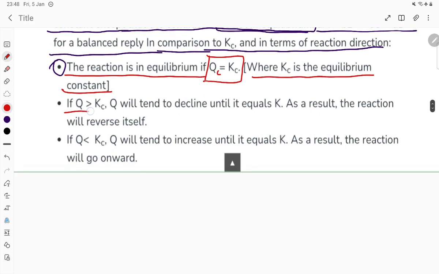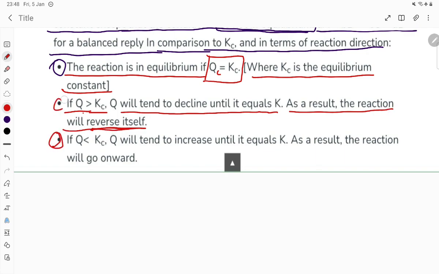Now if Q is greater than Kc, it will be the backward reaction. Q will tend to decline until it equals K. As a result, the reaction will reverse itself.